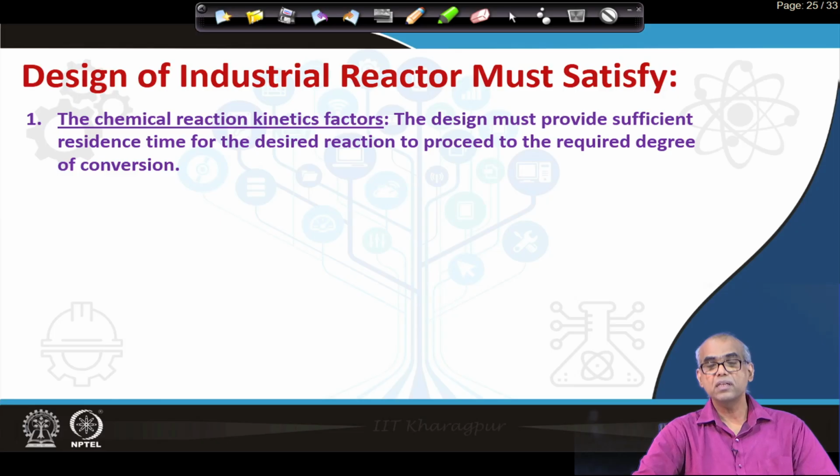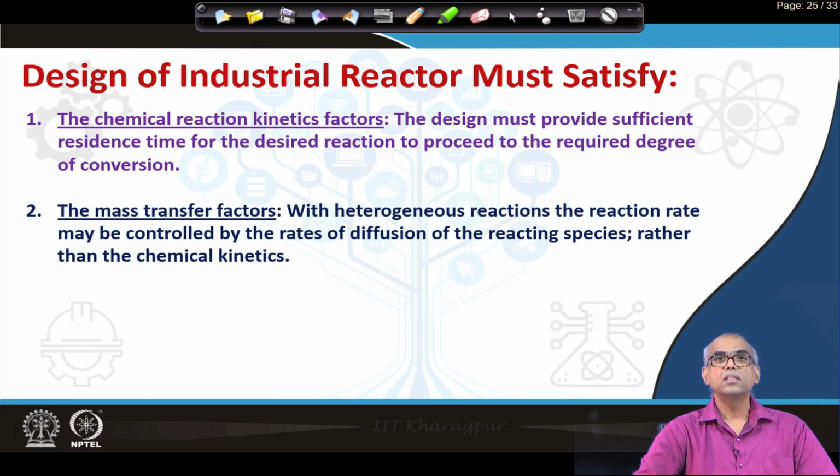Design of industrial reactors must satisfy the following points. The chemical reaction kinetics factors: the design must provide sufficient residence time for the desired reaction to proceed to the required degree of conversion. The mass transfer factors: with heterogeneous reactions, the reaction rate may be controlled by the rates of diffusion of the reacting species rather than the chemical kinetics.